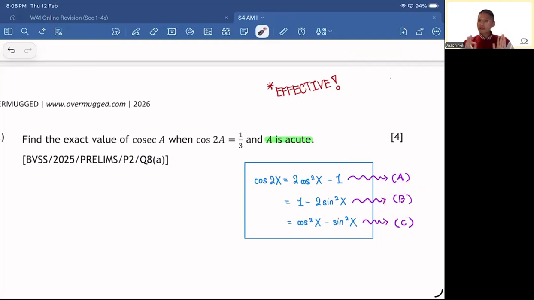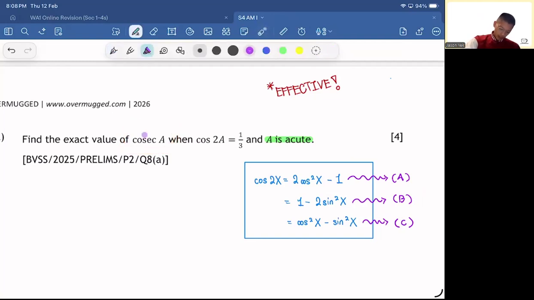Now, I foresee that those who answered maybe A or maybe C might have mistaken what cosecant is. So we call it cosecant. What's the end goal? If I rephrase the question, what is 1 over sine A? So for 1 over sine A, which one is closely related?